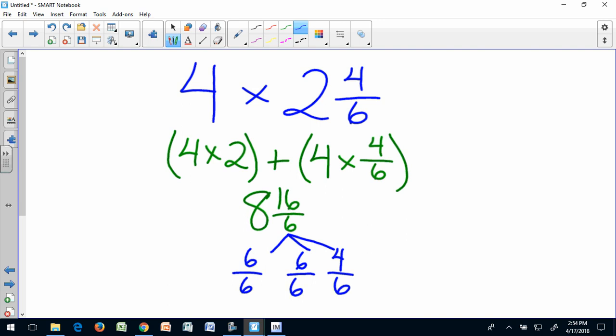Because altogether, my 2 wholes is 12/6, and my 4/6 is left over. So my 2 wholes are going to bump over to join my 8, so now I have 10 wholes, and 4/6 left over. So sometimes you might have to convert those improper fractions to get you the best answer possible.